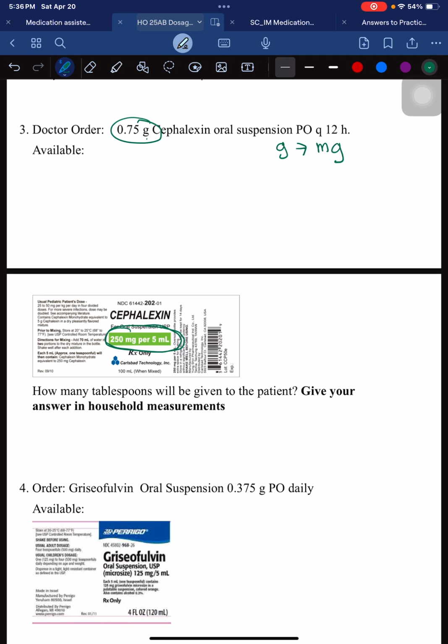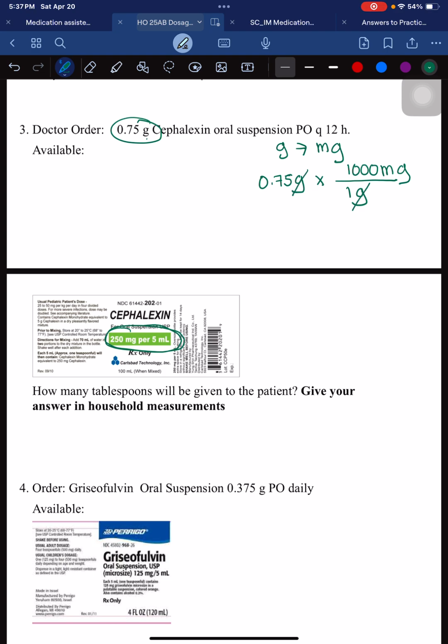So for the first step, I'm going to solve for gram. I know the doctor's order is 0.75 grams, and I know that 1 gram equals 1,000 mg. I want gram at the bottom so I can cross out the units.